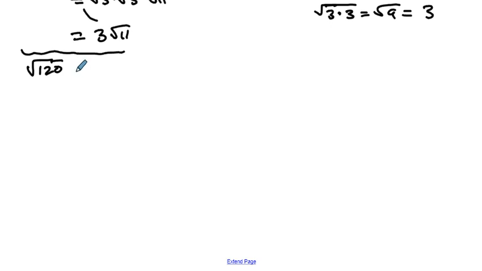So let's, I don't even know where to start with this one. So let's just pick the square root of 40 times the square root of 3, right? So I know 3 is prime, so I can't do anything with that. But 40 is definitely not prime.